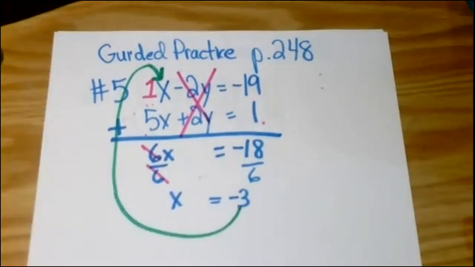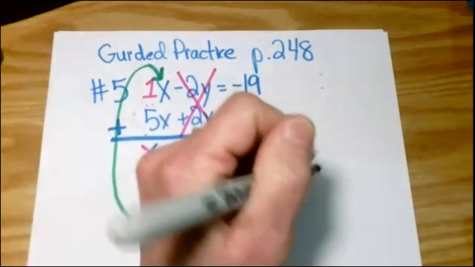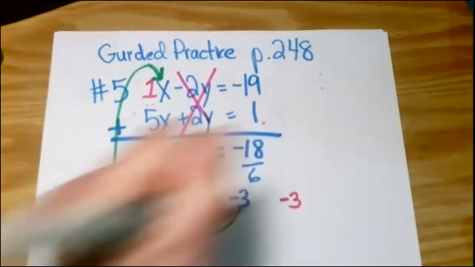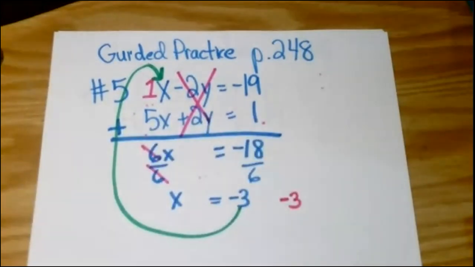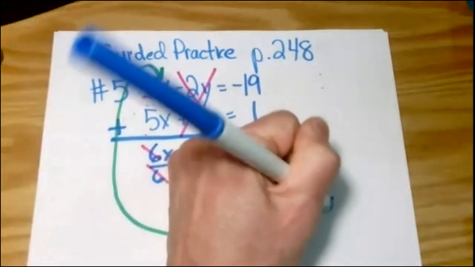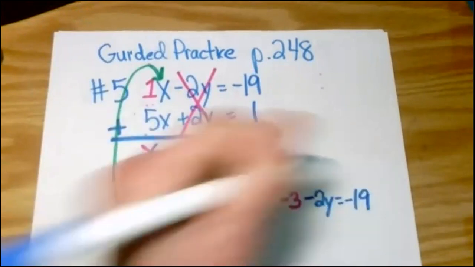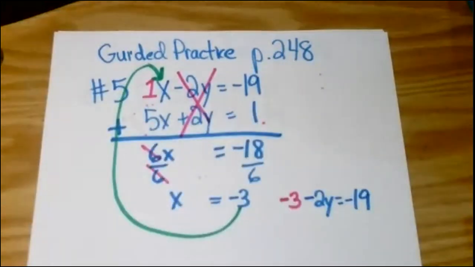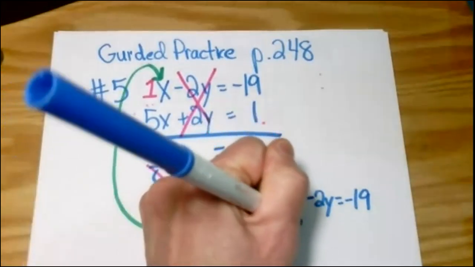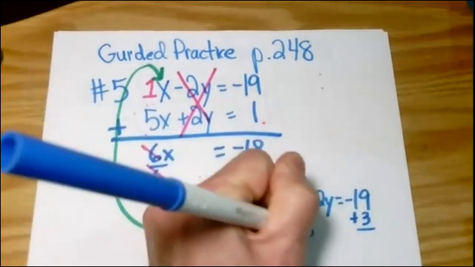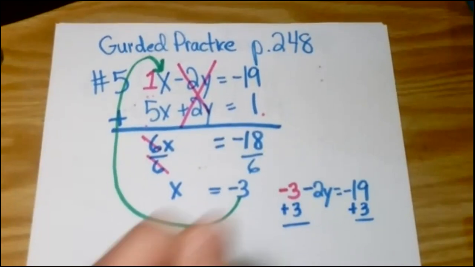So I'm going to plug that in, and now I'm going to have -3 minus 2y equals -19. Solving for y, I'm going to add 3 to both sides. That'll give me a 0.